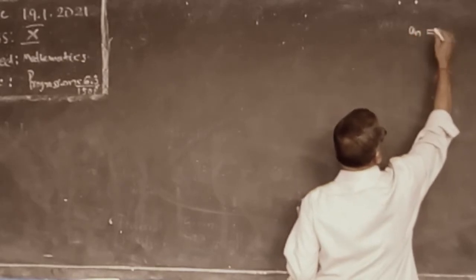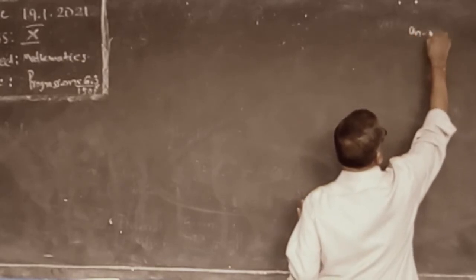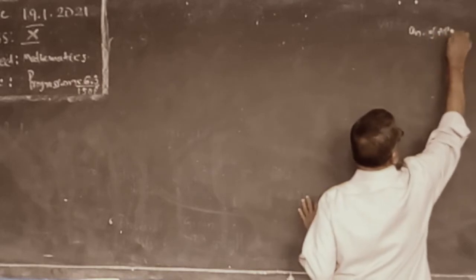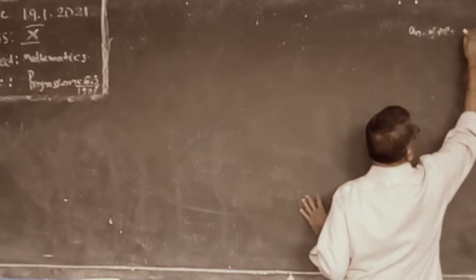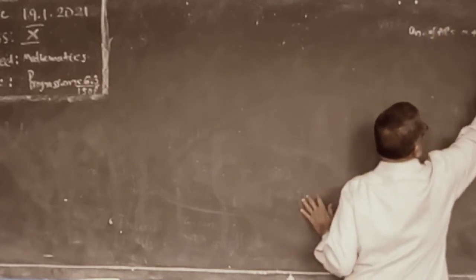Nth term of AP, an, is a plus n minus 1 of d.